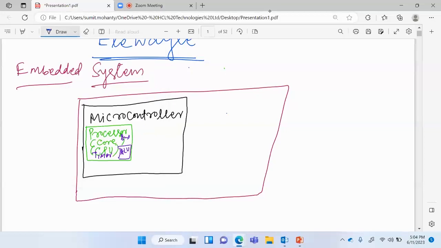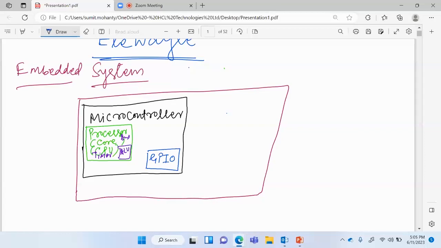A microcontroller can have a GPIO. Have you heard about this word, GPIO? That is general purpose input and output. If you go for Arduino, in Arduino we have an AVR microcontroller. Arduino is not a microcontroller.